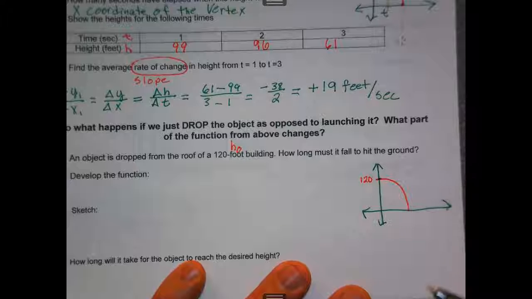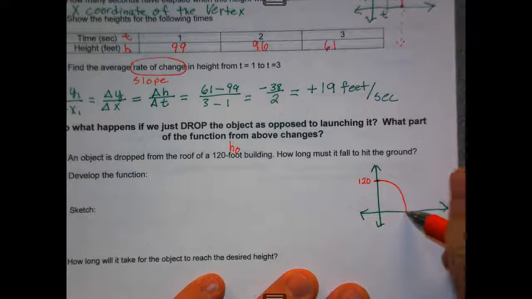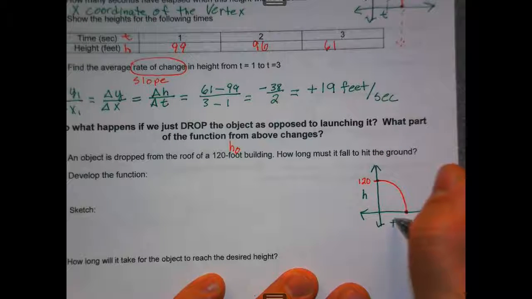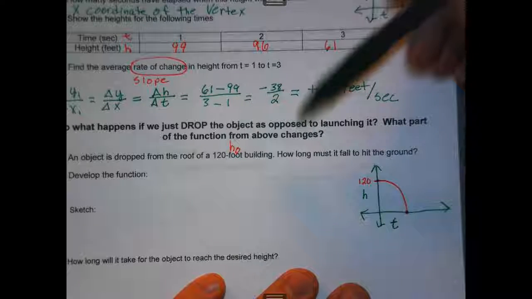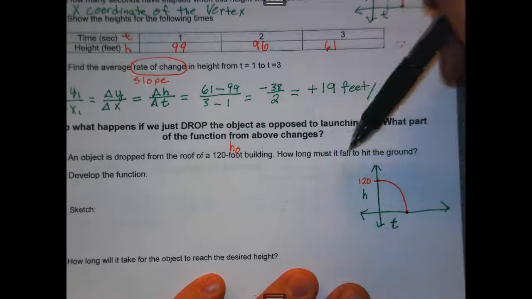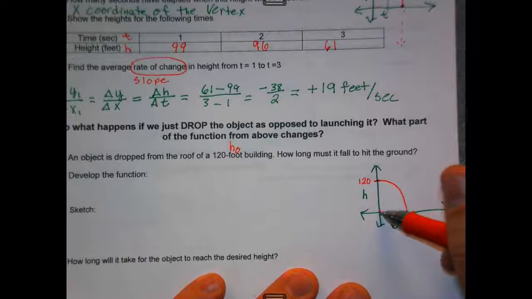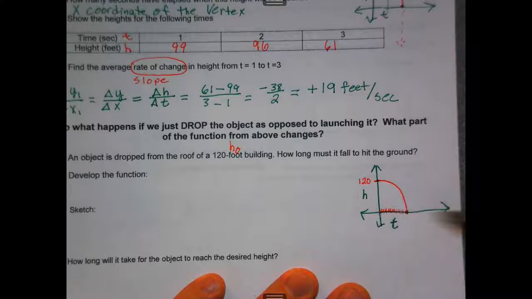Splat. We dropped it. Again, this is my h, this is my time. Now it says, how long must it fall to hit the ground? So we're looking for this time, right?